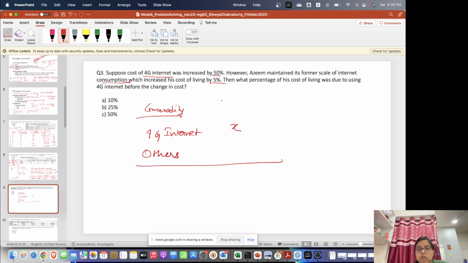Let total consumption be 100. So if Azim uses X percentage of his cost of living on 4G internet, then the others would be 100 minus X.